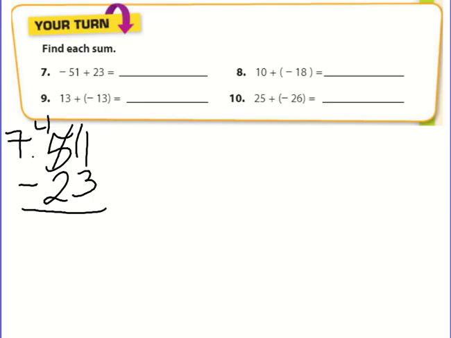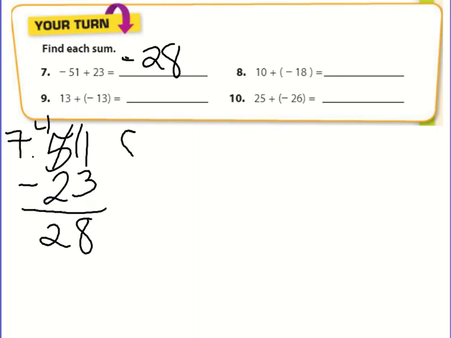So 11, 10, 9, 8. And then 4 take away 2 is 2. But if we go back to the original, -51 is the larger absolute value, so our final answer should be -28. I had more negatives than I did positives, so I'm going to have more negatives to finish.